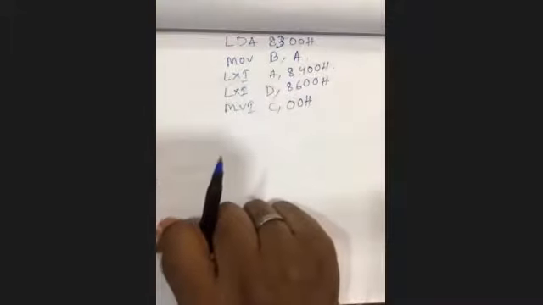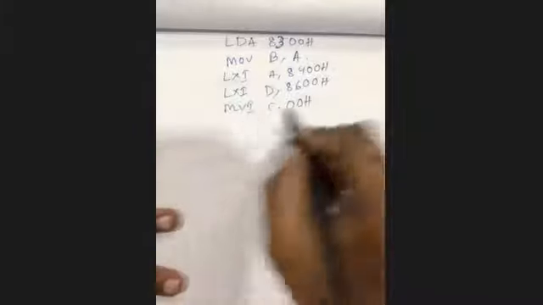Both are correct, because whoever says 22 is starting from 10. His initial value is 10. Is it clear? Yes, sir. So next, MVI C, 00 is clear. Yes, sir. Next, what will happen?